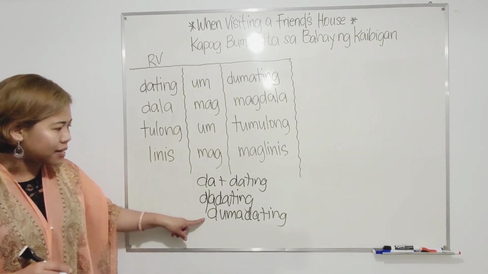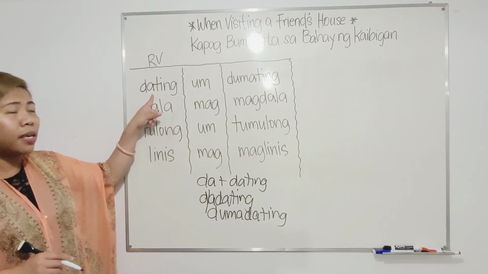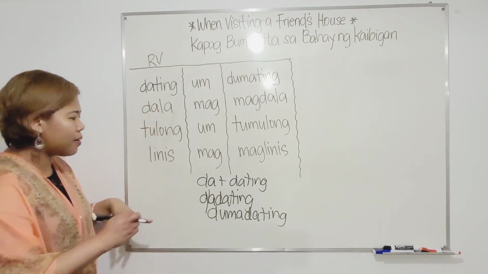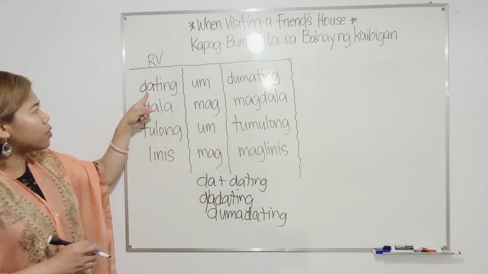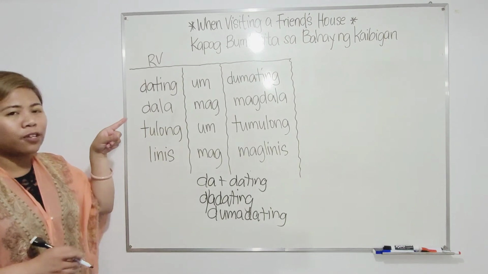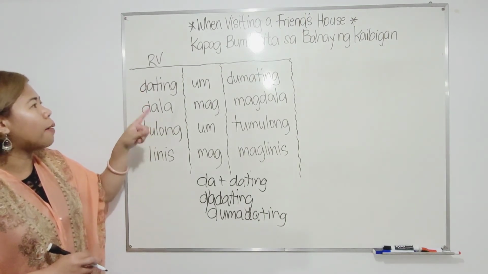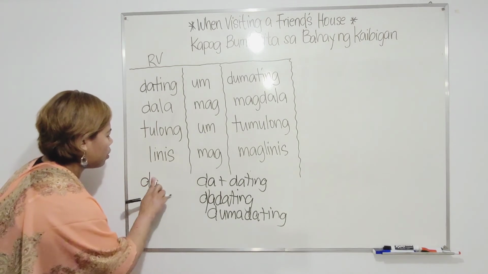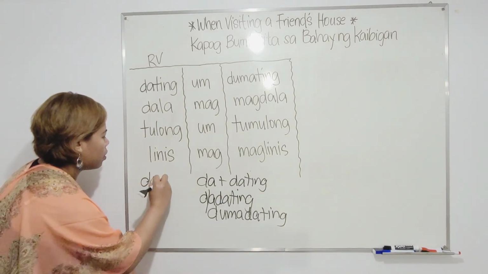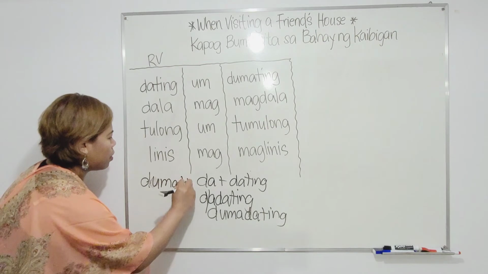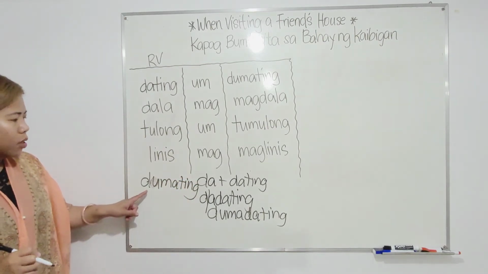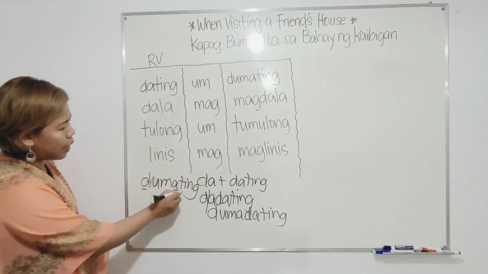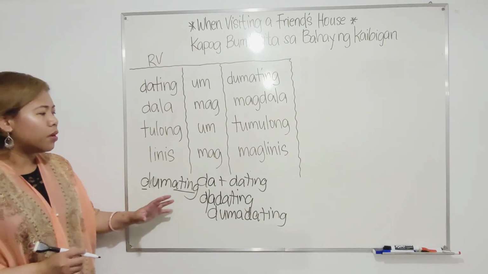Now, for the past tense, we are just going to copy the root verb dating, and then we are going to insert the um here after the first letter. So it will become dumating, like this. Dumating. Your verb is dating, and then you inserted the um, dumating.